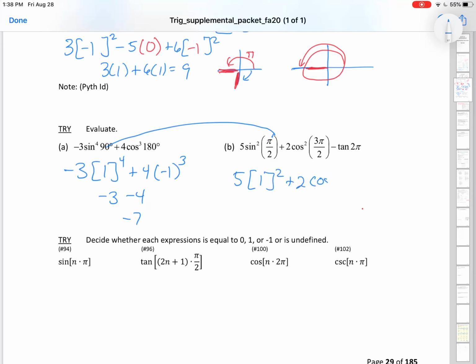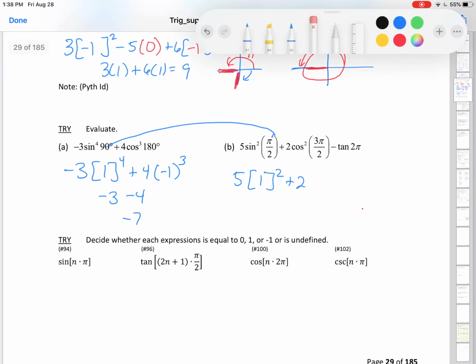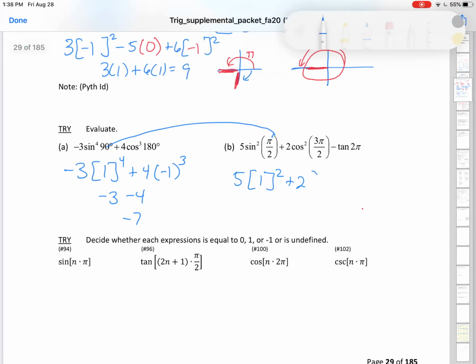2 cosine, let me just figure that out. I don't need to write cosine. I'll keep the same patterns that I've been doing before. Of 3 pi over 2. Well, cosine corresponds to x, and if you look at 3 pi over 2, it's down here, right? Here's 3 pi over 2, because this is pi over 2, this is 3 pi over 2.